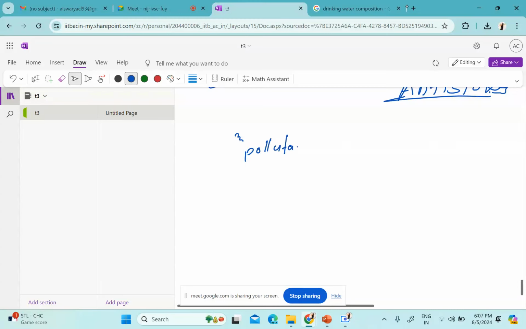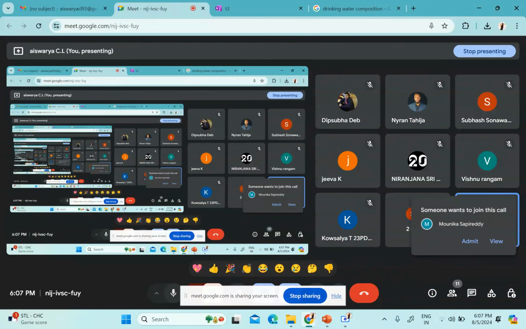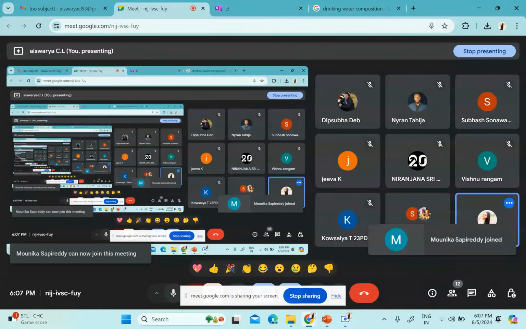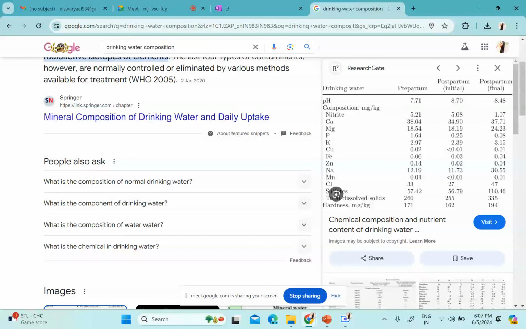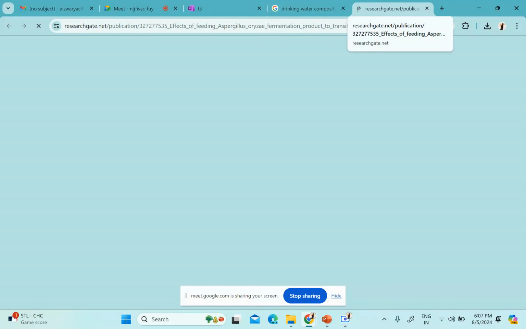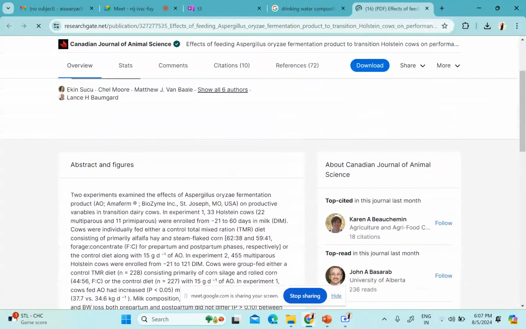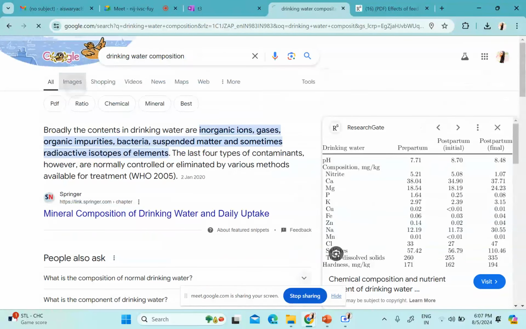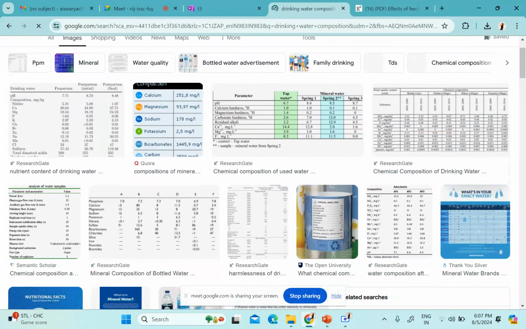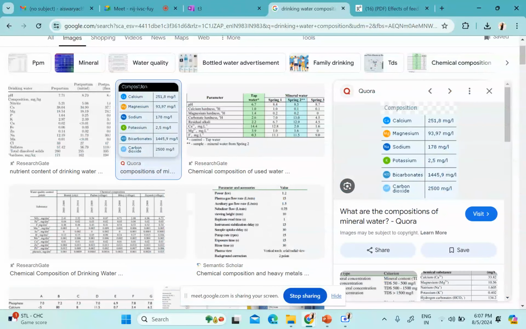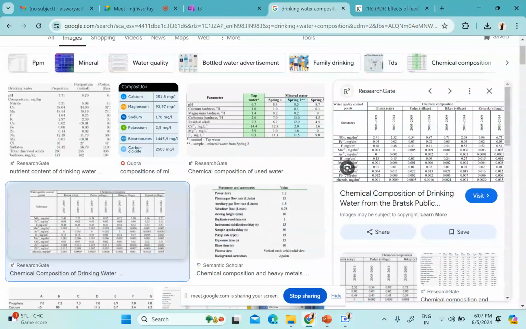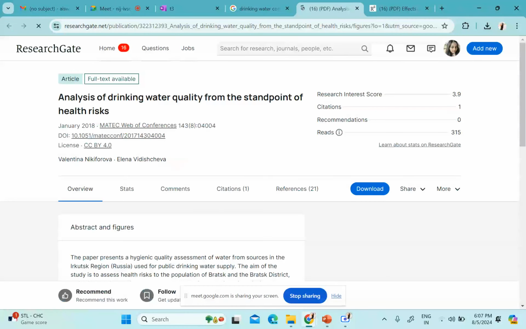In this window I just want to show you the composition of drinking water and the permitted level.